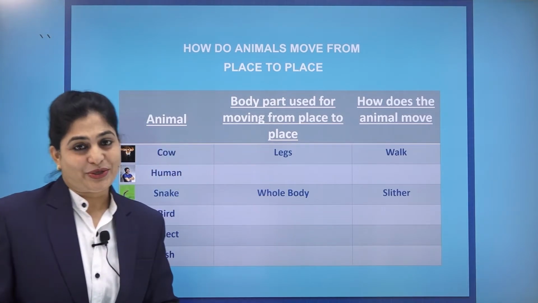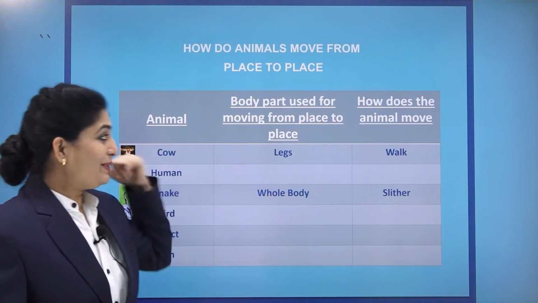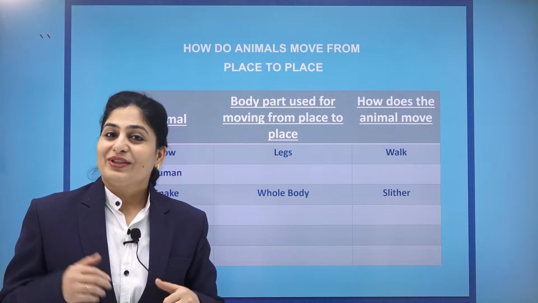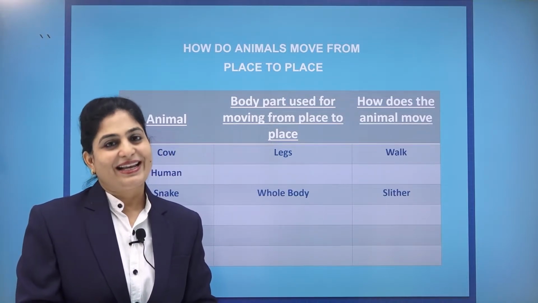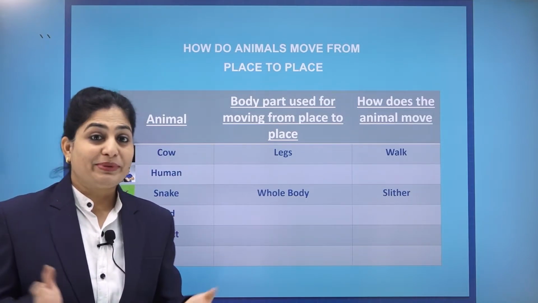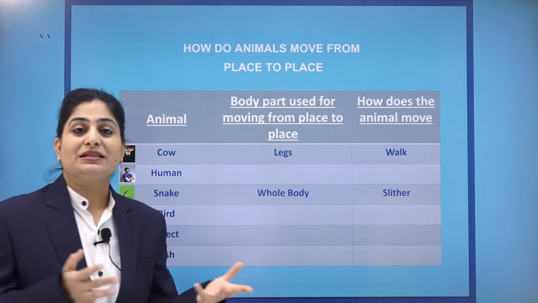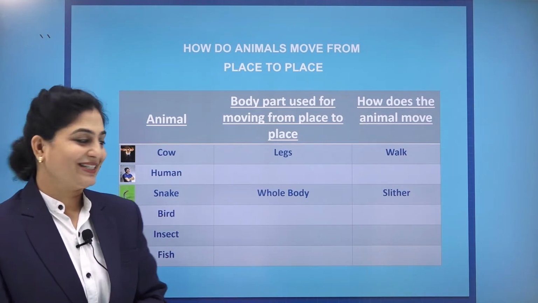Birds. Yes, you must have seen birds. They fly. The body parts used for movement, especially for birds, are the wings and the muscles of birds: the breast muscles, the wing muscles, the muscles of the tail. They all are responsible for their movement.